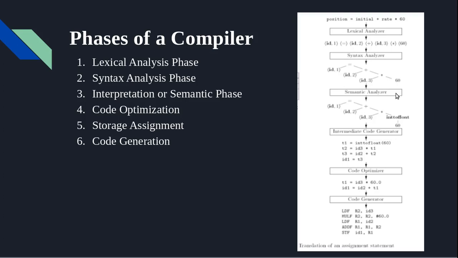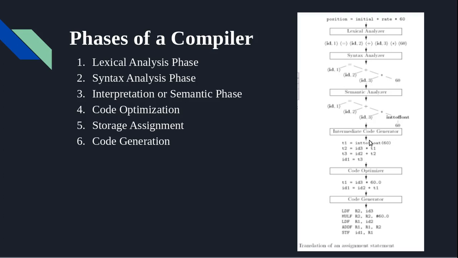What is the main task of these phases? Divide the string into different tokens, check whether they are in proper order according to the syntax of the source program, and check the meaning of the program statements. So these three phases are machine independent. Now the output of the semantic analyzer will be given as input to the intermediate code generator.